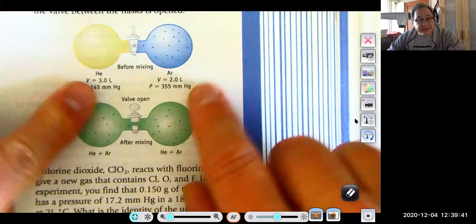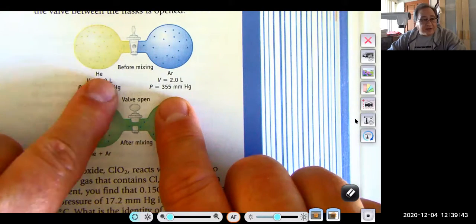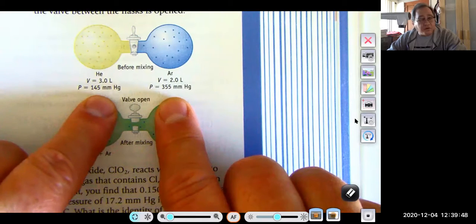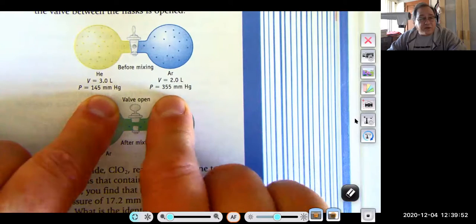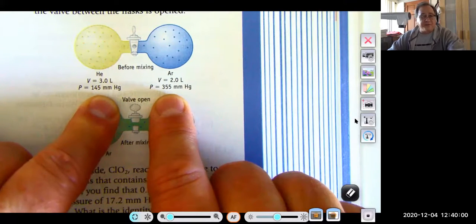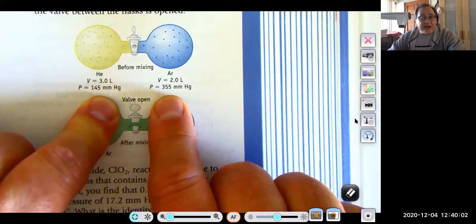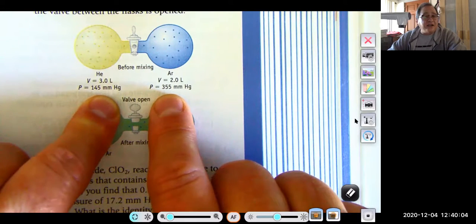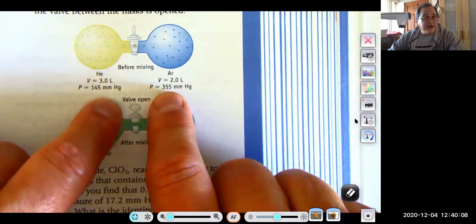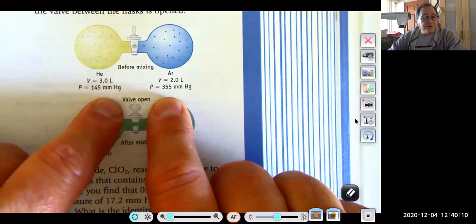Now, in this container to the left, we have 3.0 liters of helium at 145 millimeters of mercury. In the container to the right, we have 2.0 liters of argon at 355 millimeters of mercury. So the pressures are different and the volumes are different. Now, I can understand that it's hard to show the pressures being different when they're different gases.